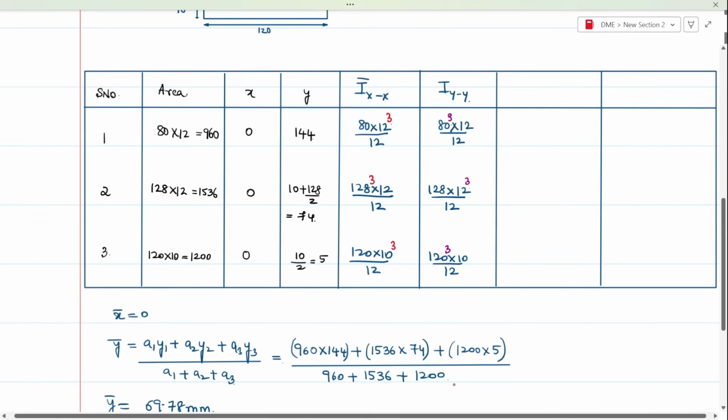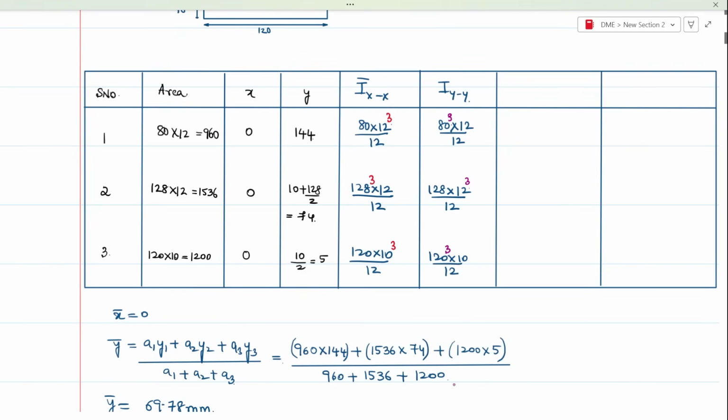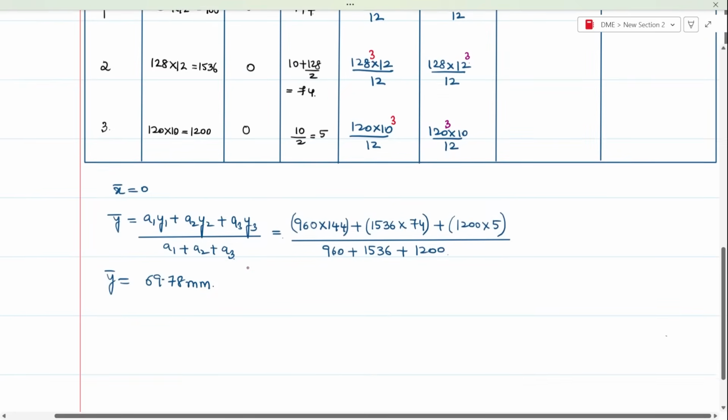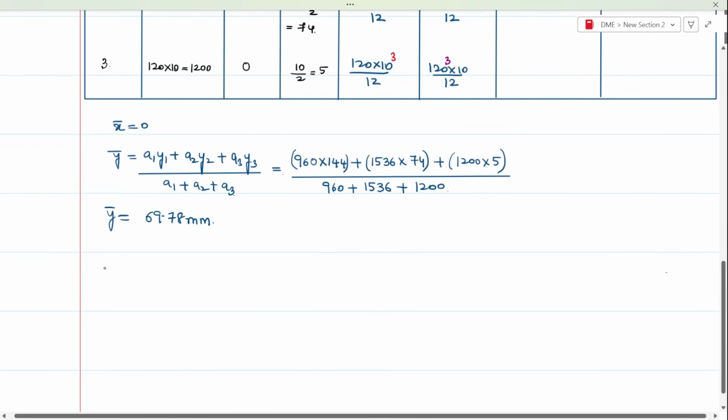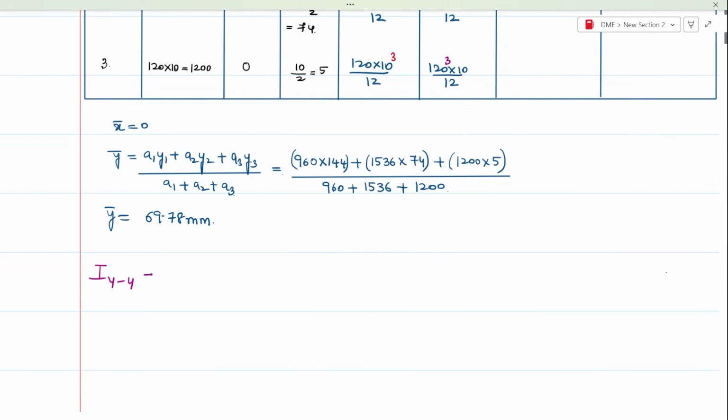Now we need to calculate the moment of inertia about the centroidal x-axis and centroidal y-axis for the entire I-section. As x bar is 0 and x is 0, if we calculate the moment of inertia about the centroidal y-axis, Iyy is equal to Iyy bar plus A times (x minus x bar) whole square.